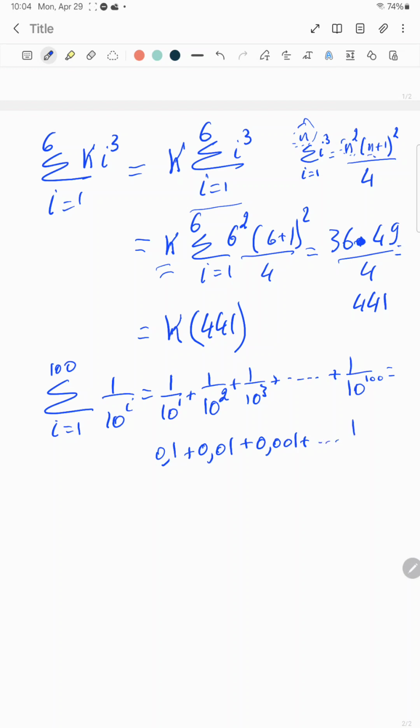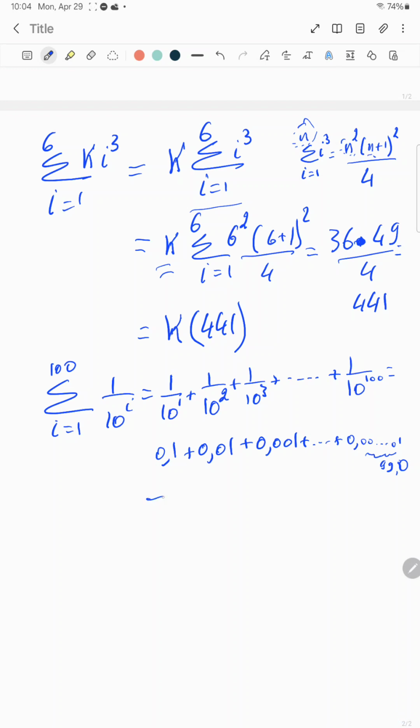So the 100th term, 1 over 10 to the power of 100, is 0.000...1, where I have 99 zeros and then the 1.